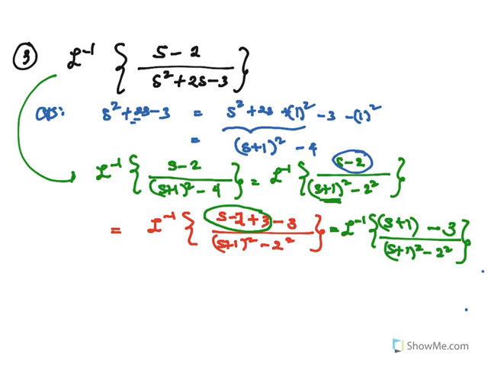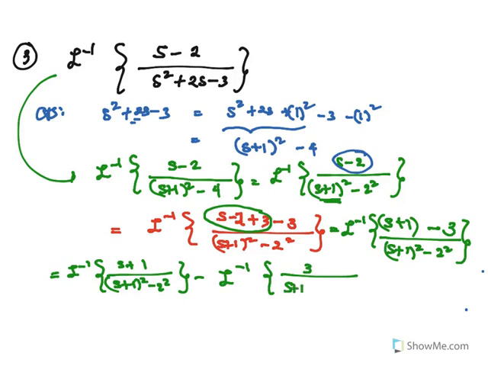So we can now separate that into two terms. So you have the inverse Laplace of s plus 1 over s plus 1 squared minus 2 squared, minus the inverse Laplace of 3 over s plus 1 squared minus 2 squared.